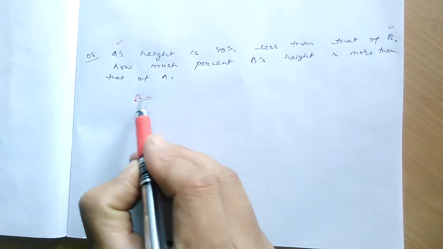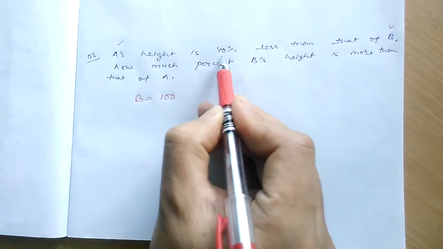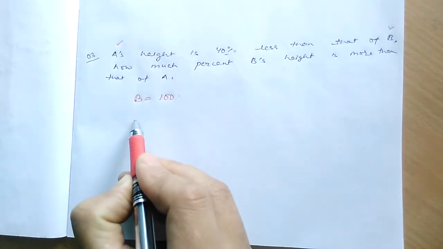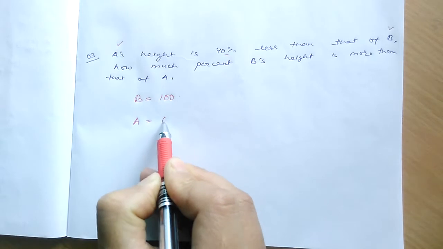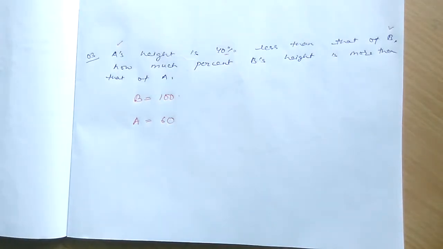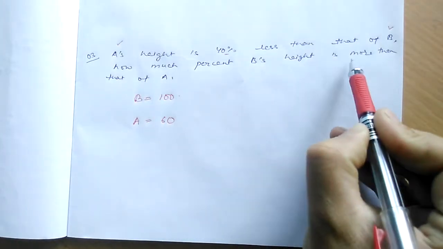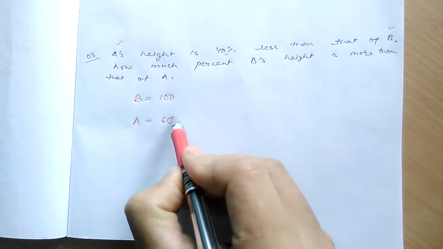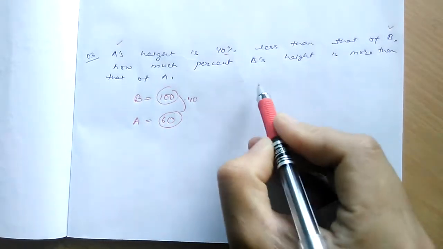So we will take B's height as 100, and A's height is 40% less, which means that the height of A will be 60. Now, let's read the question further. How much percent is B's height more than A's height? So B's height is 40 more than A's height.